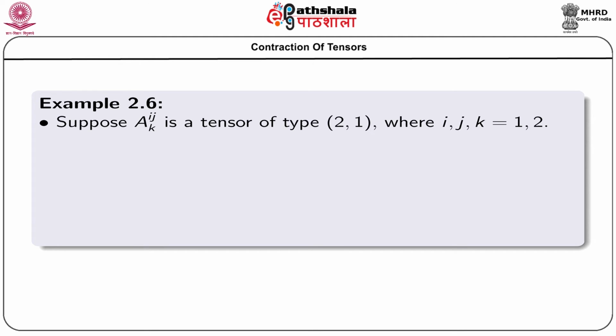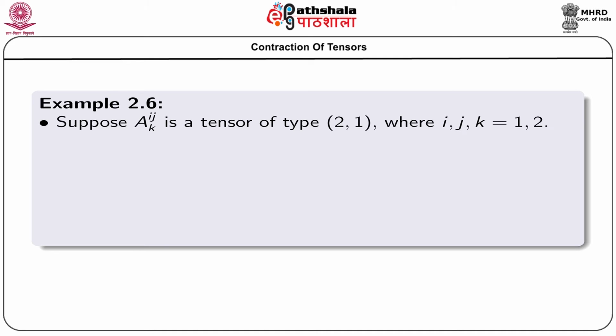Suppose A ijk is a tensor of type 2, 1 in a two-dimensional vector space. That means A ijk are the elements of V tensor product V tensor product V star, and V has dimension 2.